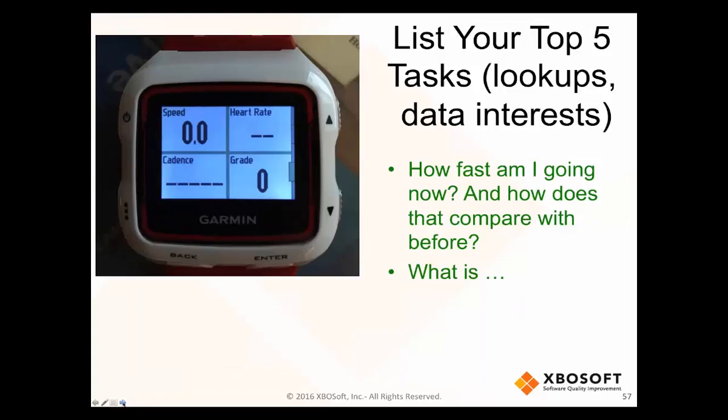So, my task would be, I want to know a summary of statistics for the ride for that day, or maybe I'm doing some hills, some intervals or something like that. So I have to think of the specific tasks and what fields I want to look at. And so the same thing applies to our applications, right? So you can use these kinds of principles back and forth between real life and your software.